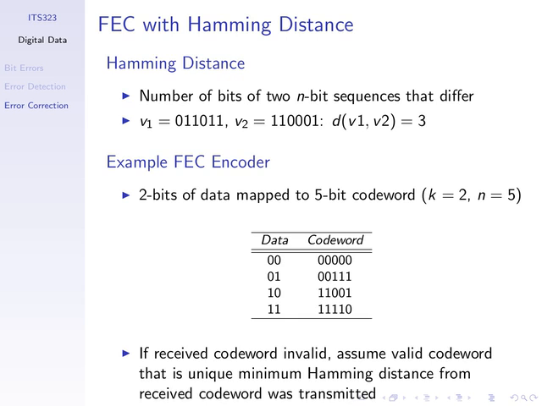Why? Because we know that the transmitter must have transmitted one of these 4 code words. All the transmitter does is takes the data it wants to send and transmits the corresponding code word. So the transmitter transmits one of these 4 values. If we receive one of those 4 values, then we'll assume nothing went wrong. We expect to receive one of those 4 values. So this is a case we assume no errors.